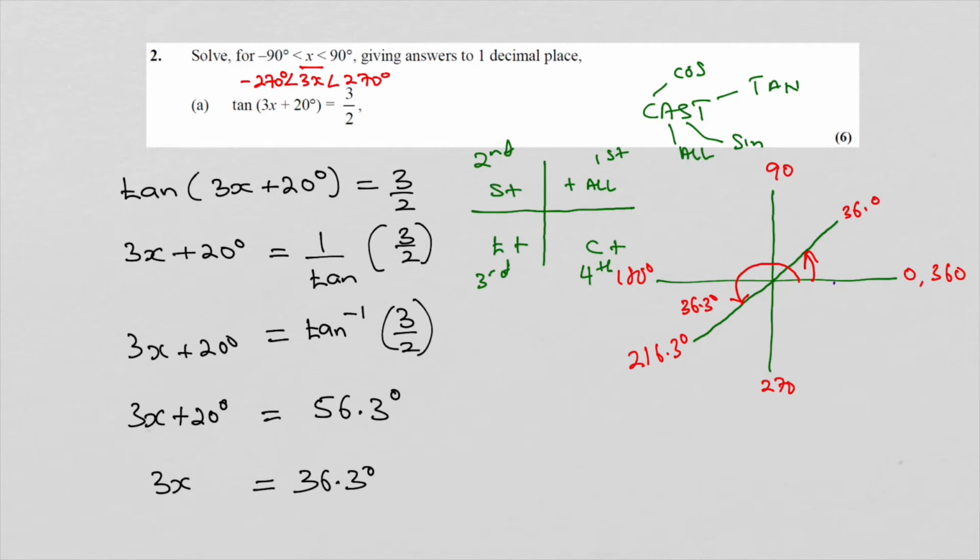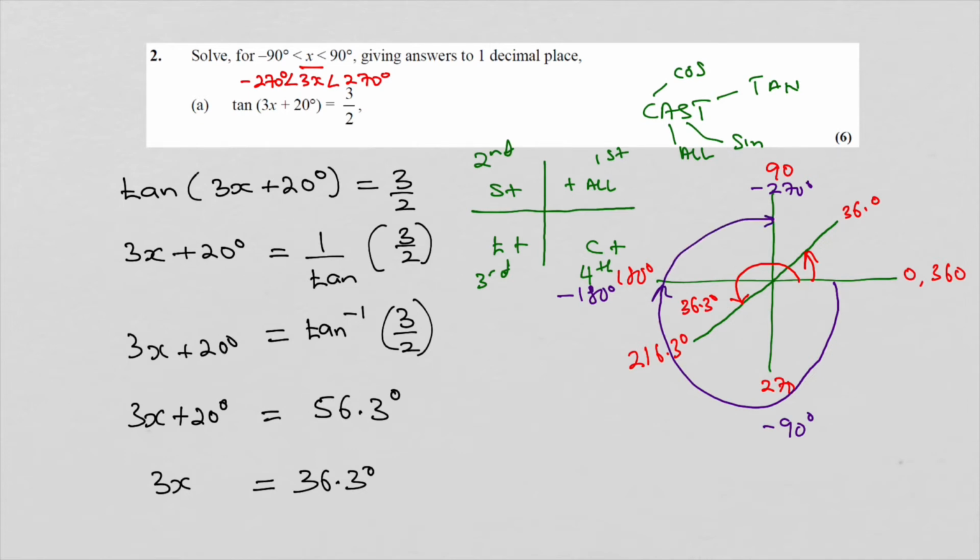So going back in the negative direction, that will be minus 90 to 180. So this is minus 90 degrees, and that's minus 180 degrees, and that would be minus 270 degrees. So we need to go all the way to there.